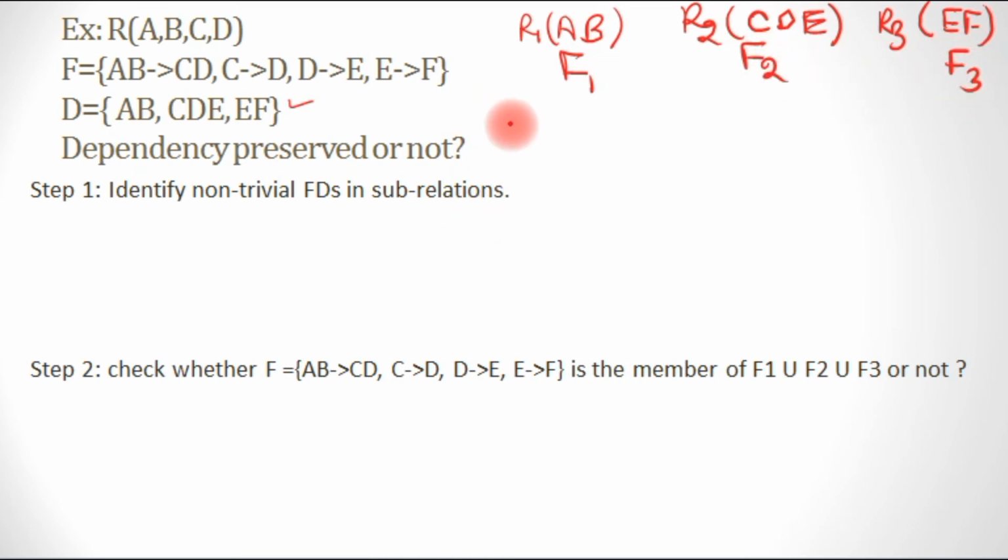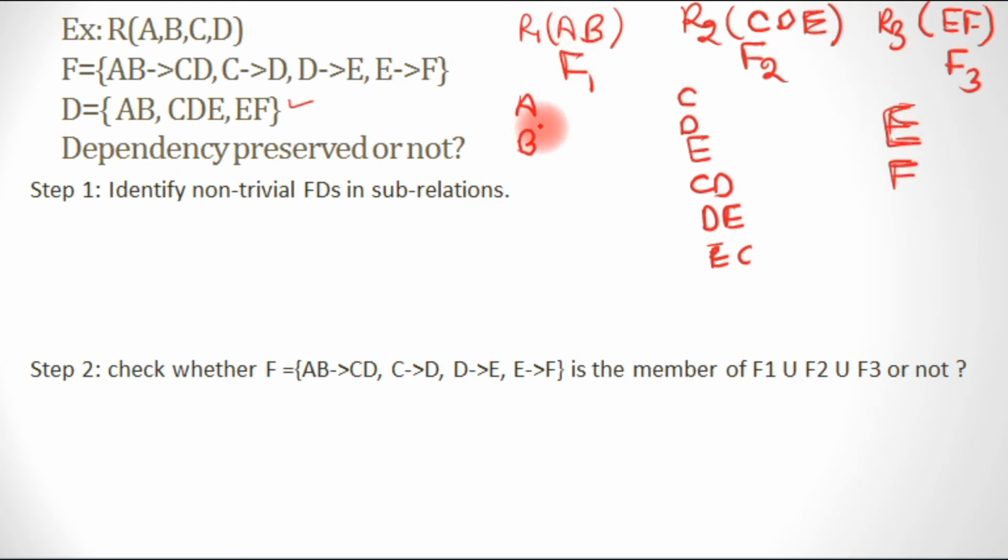See, in the first we can have only single attributed functional dependencies. In the second we can have single attributed and double attributed functional dependencies, so these functional dependencies can be non-trivial here. In the third we can find only single attributed functional dependencies.